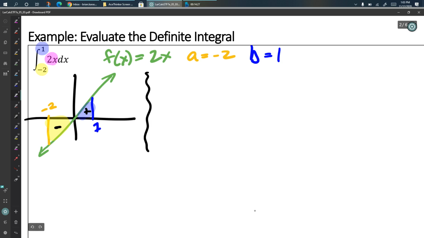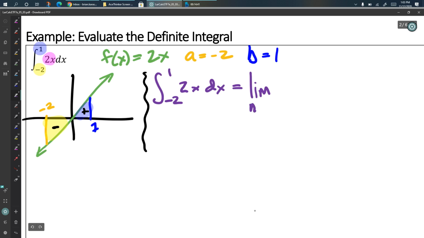So I'm going to say that the integral from -2 to positive 1 of 2x dx is going to be the limit. Now I'm going to change something here, and I'm just going to simply say n approaches infinity, because I'm going to go back to something I remember from last section.